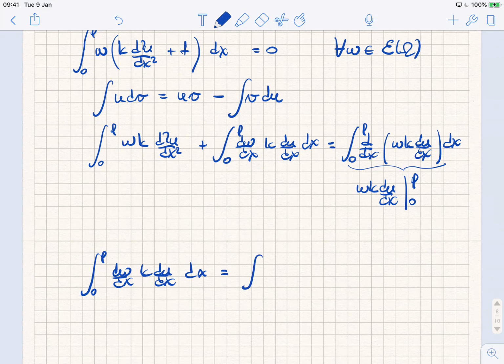And that is going to be equal to the fourth term. We have to multiply that by the weight function, and then we're going to have the effect of the boundary conditions.